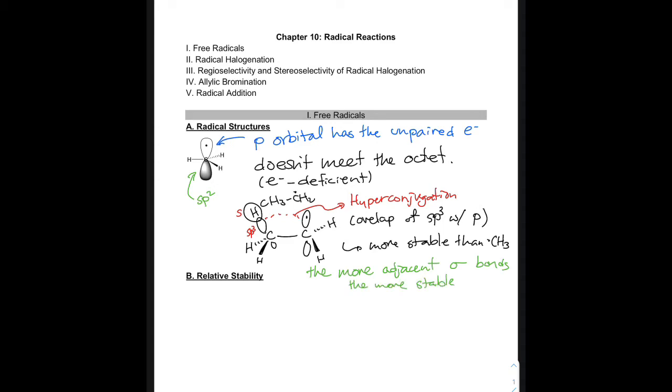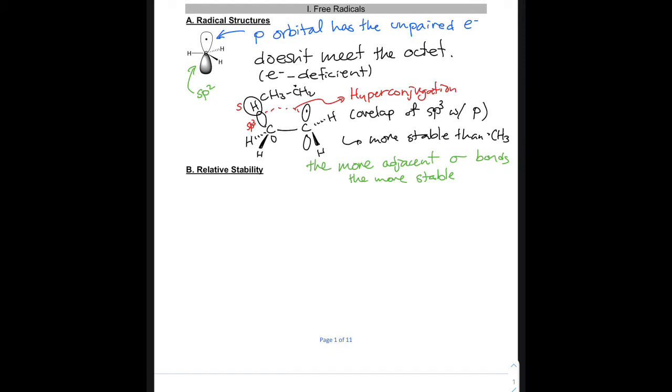So based on that, we should be able to come to a conclusion about some relative stability among different radical species. As you can guess, the methyl radical would be the worst because it doesn't have any hyperconjugation whatsoever. But with the primary radical, there is some, so that's nice.